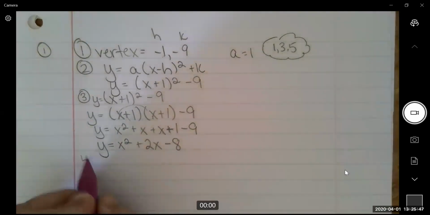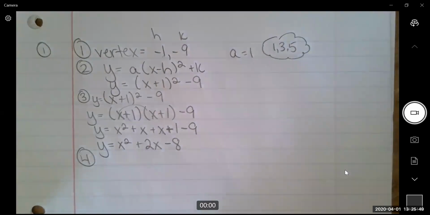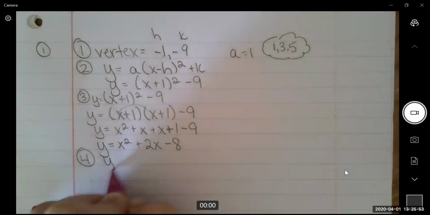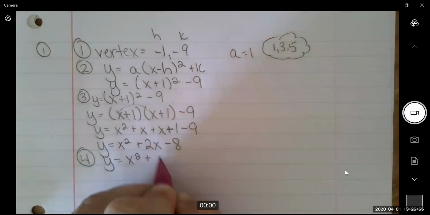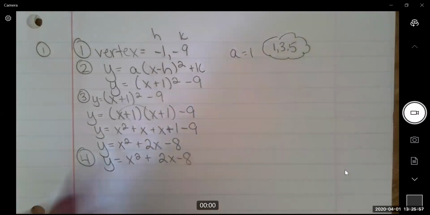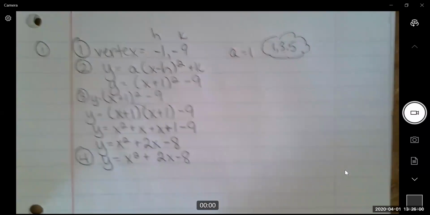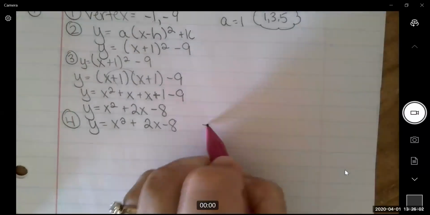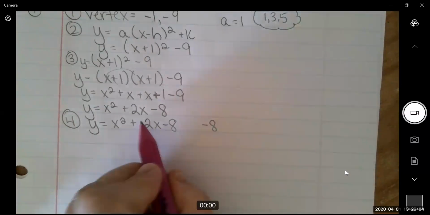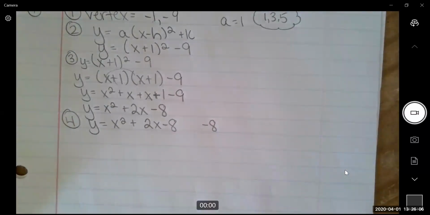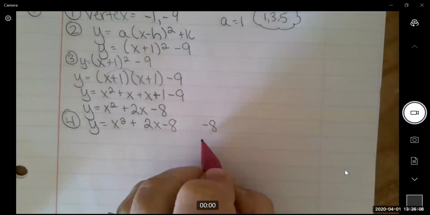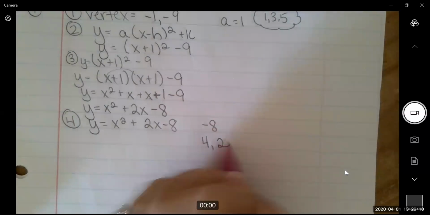And then we're going to do step 4. We're going to take the standard form and factor it. So y equals x squared plus 2x minus 8. I need factors of negative 8 that are going to give me a positive 2. Since the product is negative, I know one has to be positive and one has to be negative.